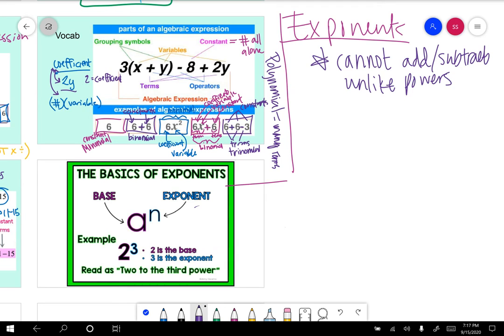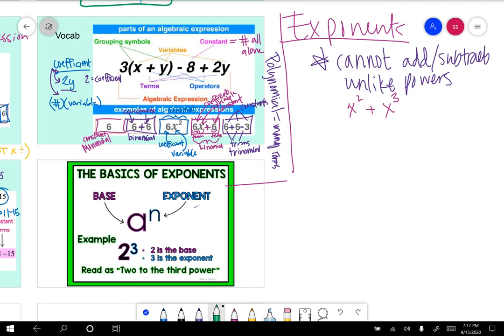What I mean by that is if you have x to the second plus x to the third, it's the same variable, but the powers are different, you cannot combine those. Remember, like terms need to be the same variable raised to the same power, so you cannot add or subtract them. However, you can multiply or divide them. And we're going to delve into that.